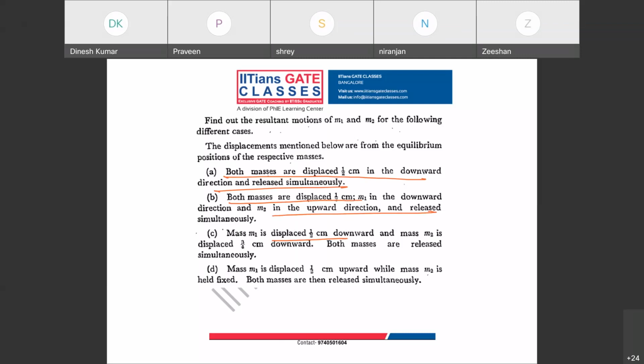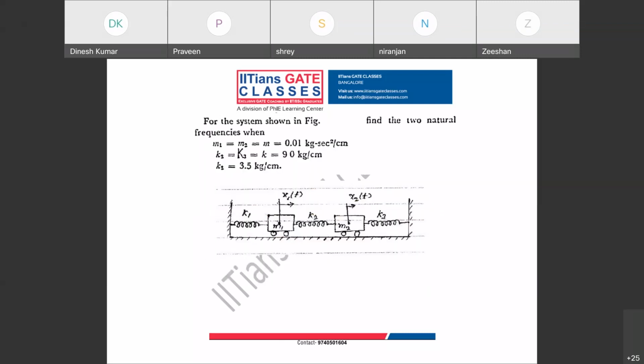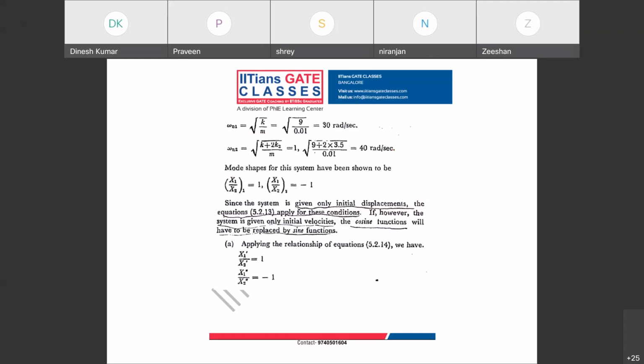Now in this problem, the first task was to find natural frequencies, but in your GATE exam they already gave the natural frequencies, so that task is not there. Here they first found the natural frequencies, and from these we can find the modes also.